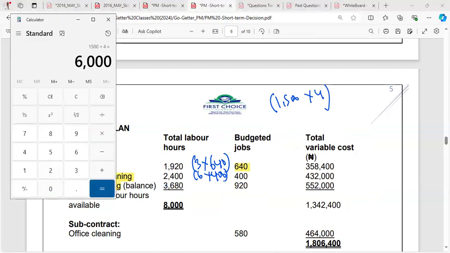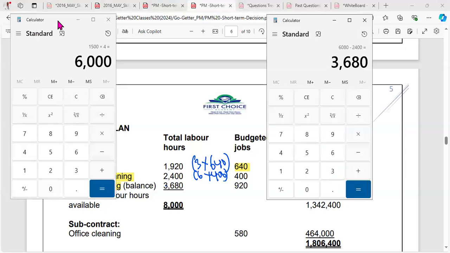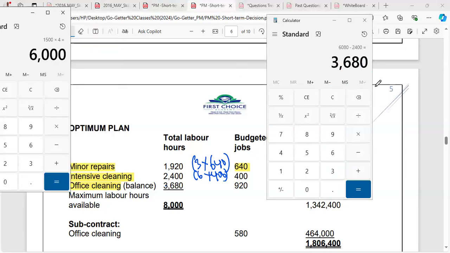That should give us 6,000. But what we have left is 3,600. It means we cannot do everything in office cleaning. So we can only do 3,600 hours. So we write it here and we say balancing figure. That's why you see the balance, 3,680.